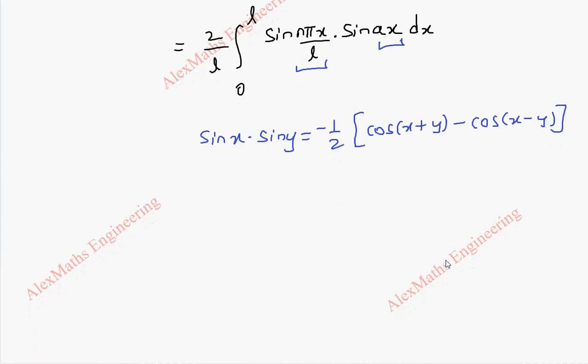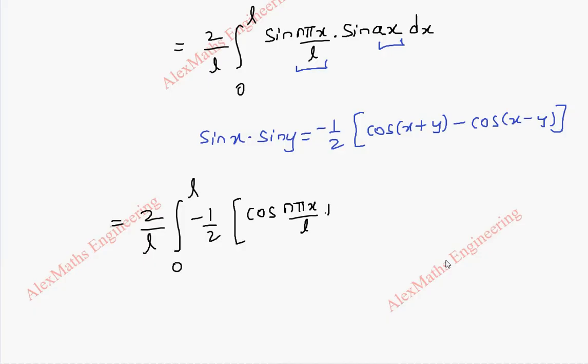When we apply this, we get 2 by L integral 0 to L minus 1 by 2 [cos of (n pi x by L plus ax) minus cos of (n pi x by L minus ax)] dx.